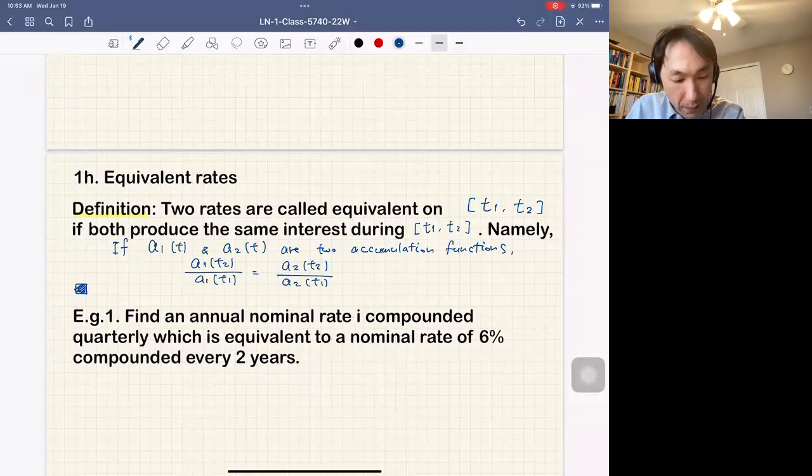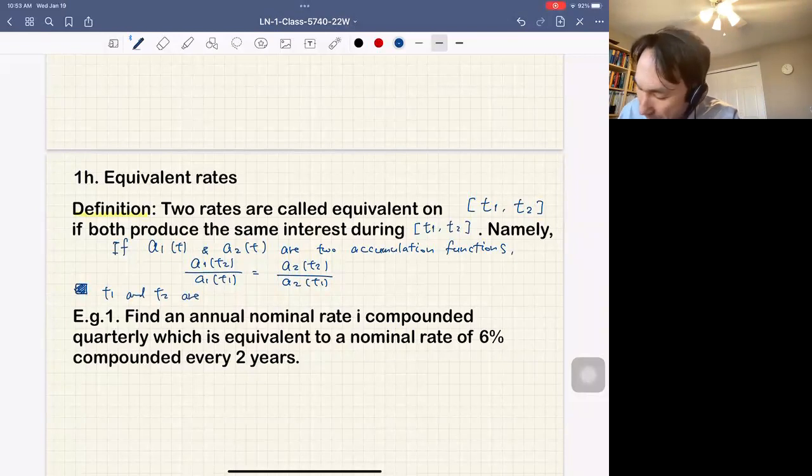And of course, T1 and T2 are not necessary, or I would say arbitrary, if the interest rate is constant.